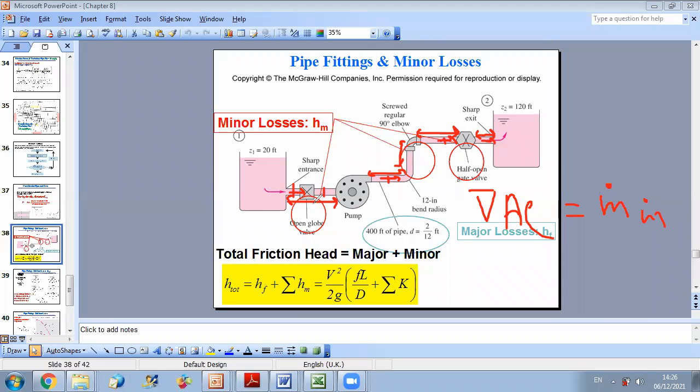So in case the cross section is not varying, so V average is not varying, then I can consider that I have one friction factor in all of these pieces, okay? And why? Because Reynolds is not changing. Of course, I should have the same roughness also, okay?